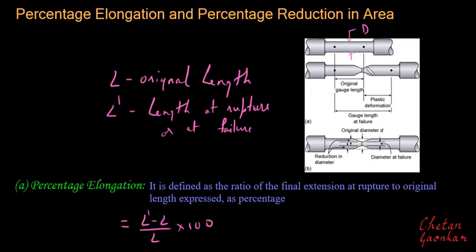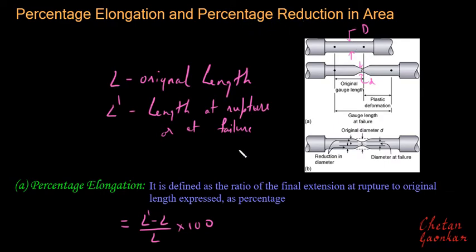We can see that because of neck formation, this area will definitely decrease here. It will decrease, and let this diameter be D dash. So the percentage reduction in area is the difference between this area and this area, divided by this area, and we multiply it by 100 in order to call it a percentage.